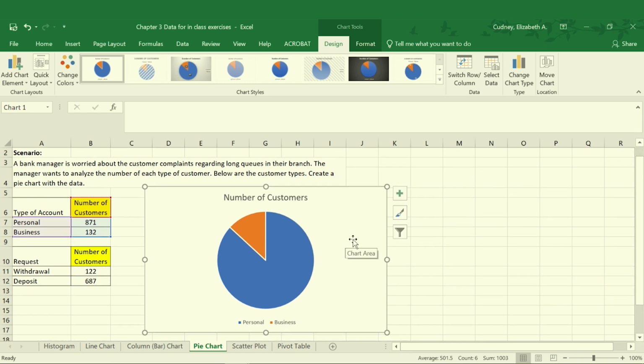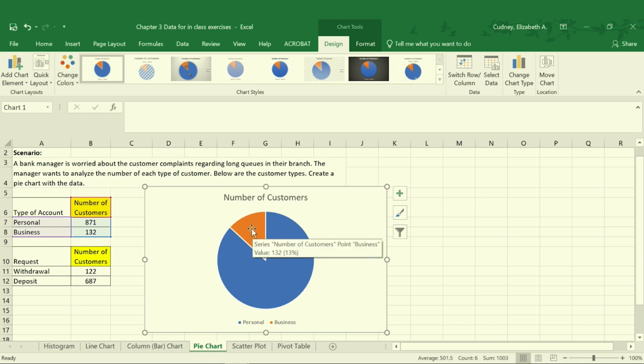So with our pie chart, we can easily see that well over 75% of our customers, and we could probably estimate it more as a little bit more than 80% of our customers, and as we hover over it, we can see it's actually 87% of our customers are using the bank for their personal accounts.